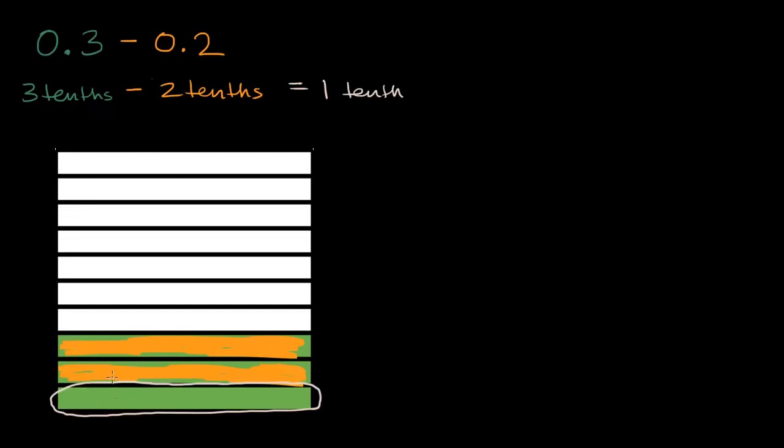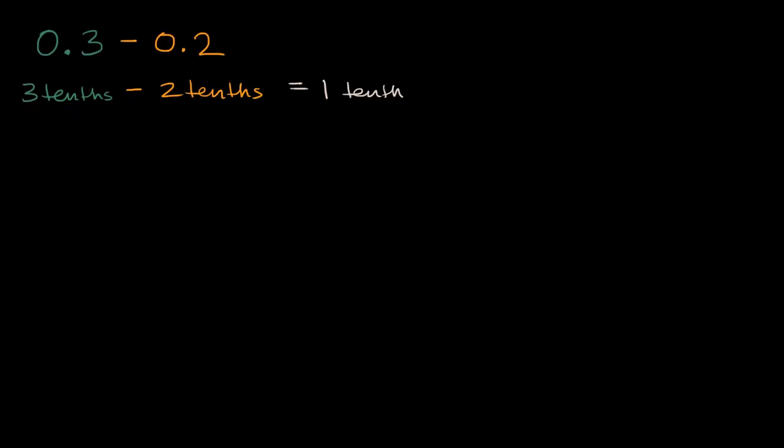So now let's build on that idea and try to tackle more complex situations. So let me delete this, and let's say we want to tackle 1.5 or 1 5/10, and from that we want to subtract 0.7 or 7/10.